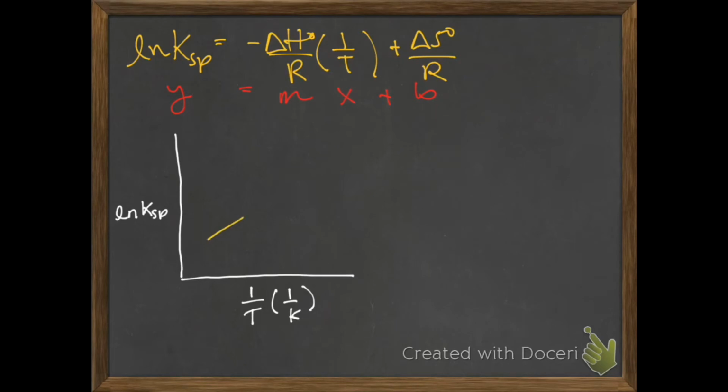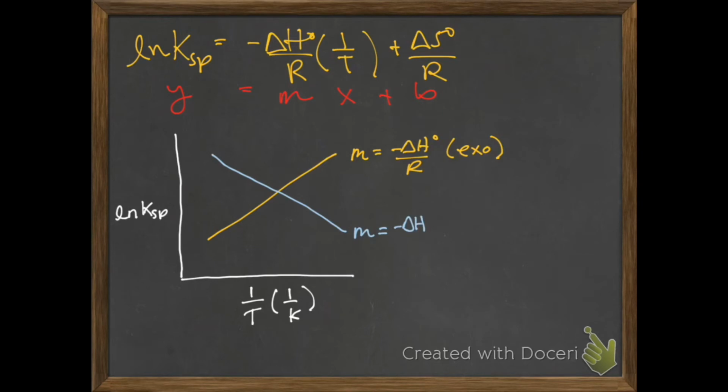I'm going to start by drawing a positive slope. And so the slope, if we look at the equation, is equal to negative ΔH° over R. And so I have a positive slope, and this means that a positive slope would be an exothermic reaction, because a negative ΔH° times the negative sign would be a positive slope.